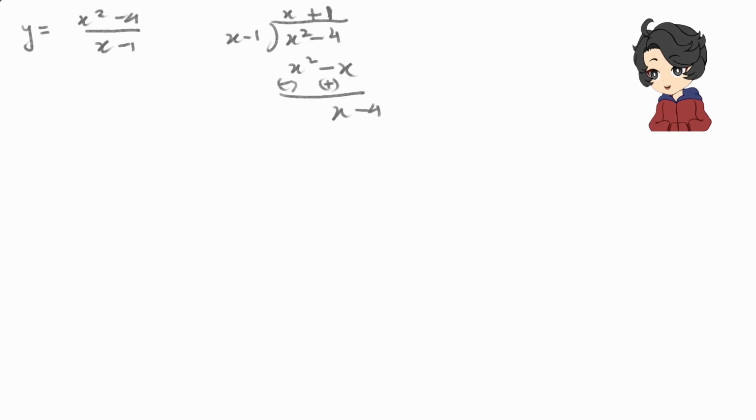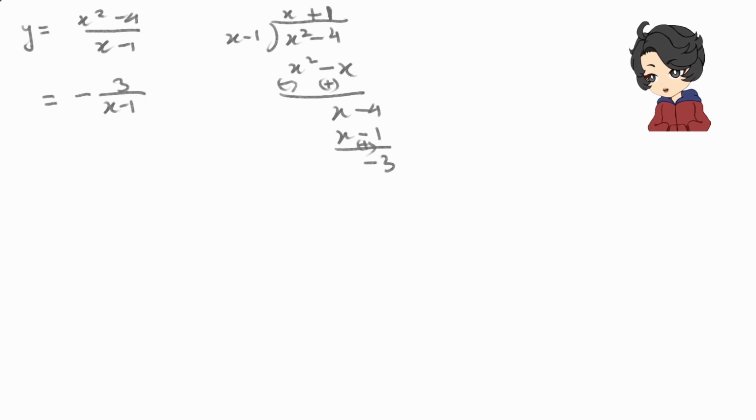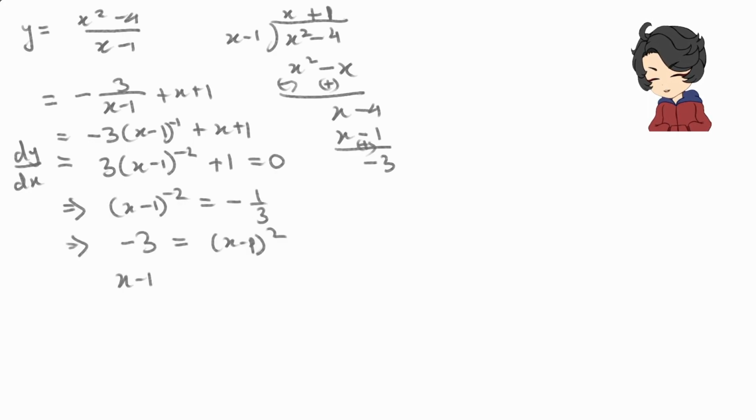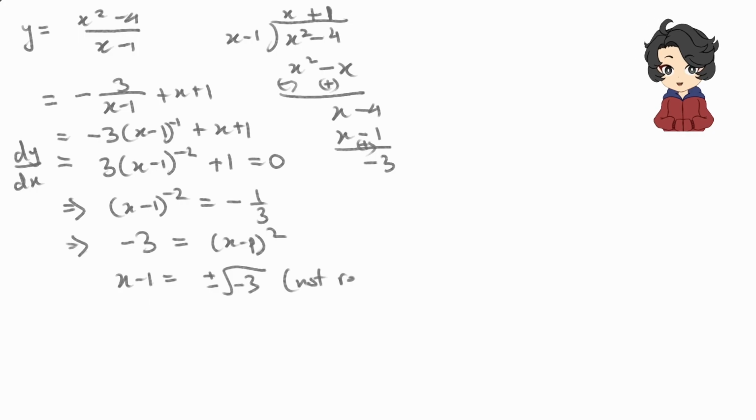This turns out to be minus 3 divided by x minus 1 plus x plus 1. If we are to differentiate this, then we end up with 3 over (x minus 1) squared plus 1. Equate this to 0. We have, which means x minus 1 is plus minus square root of minus 3. And I think you can realize there are no real stationary points.